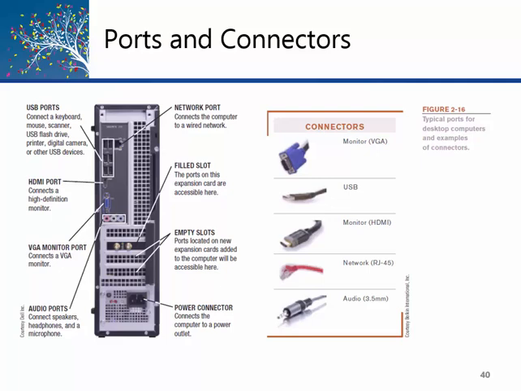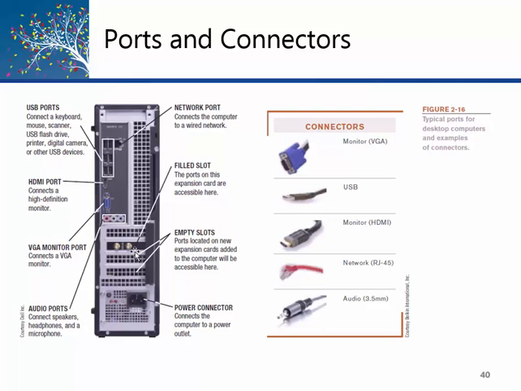Some of the more common connectors: monitors have their unique connectors. HDMI is the new standard, but you'll still see some computers that have the older VGA connections. USB is kind of a standard connection. Keyboard, mouse, printer, a number of things can connect that way. Network connectors use something called an RJ45 connector to connect to the internet if you're connecting wired versus wirelessly.